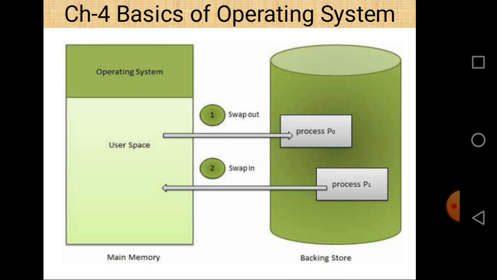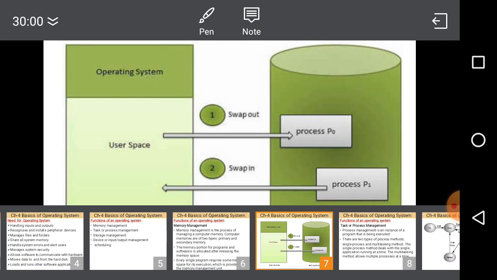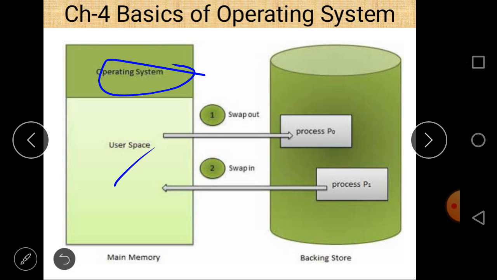You can easily see that there is a RAM in which a particular area is fixed for the operating system, and the rest is called the user space, in which user programs can occupy their space. And then there are two operations: swap in and swap out. Whenever data is taken from backing store in the hard disk to main memory, that is called swap in.